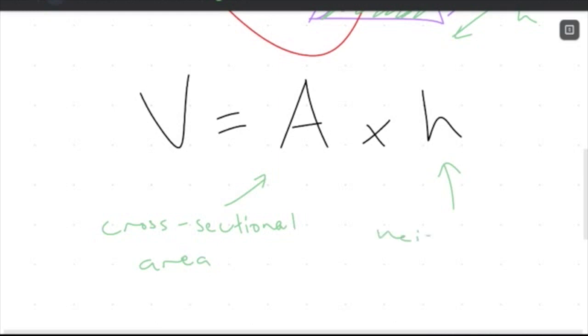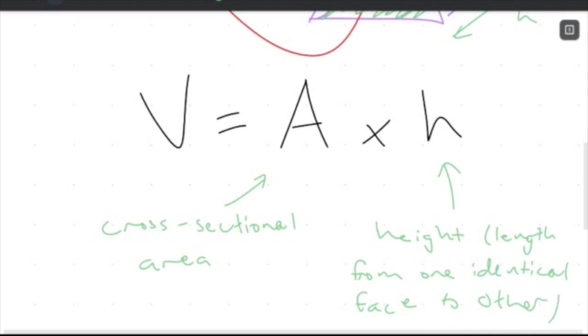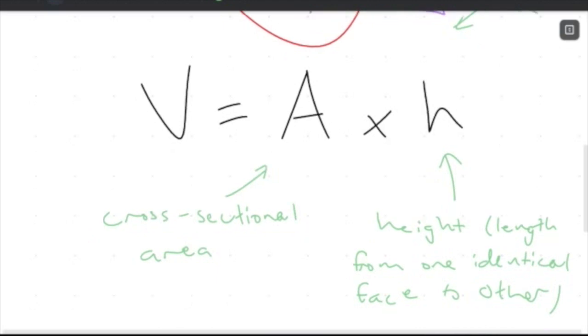So I'll call that height here, and I'll put in brackets length from one identical face to the other. So that is how we can think of volume. Now, let's look at one example of this, and then we'll talk about cylinders.